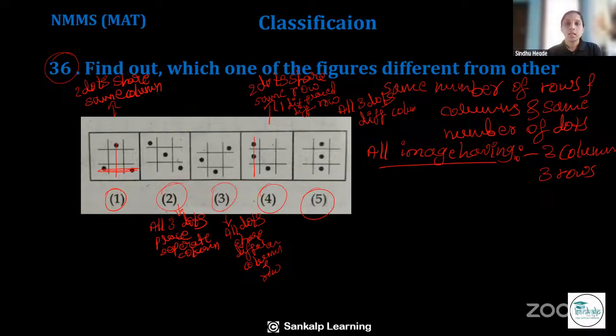Image 3, 1, 2 and 3, all three are placed in different columns. And image 4, all 3 dots are placed in different columns.